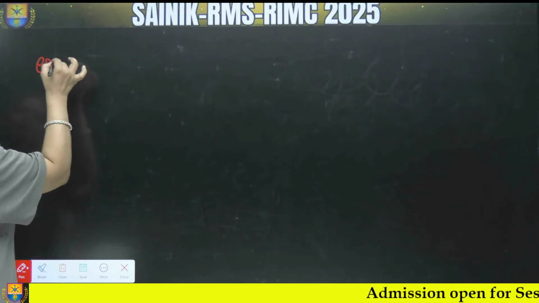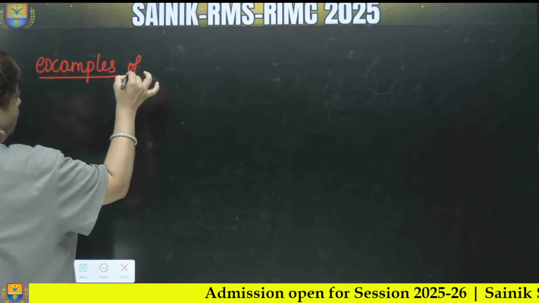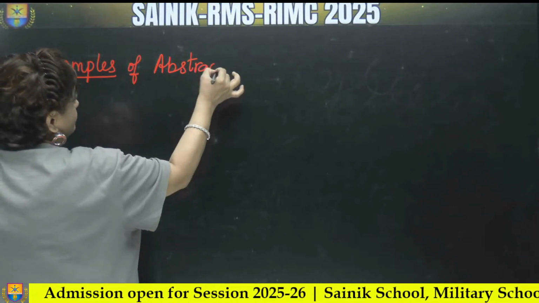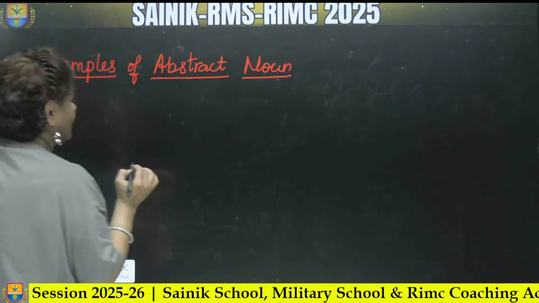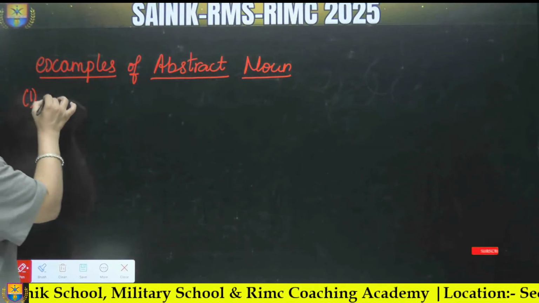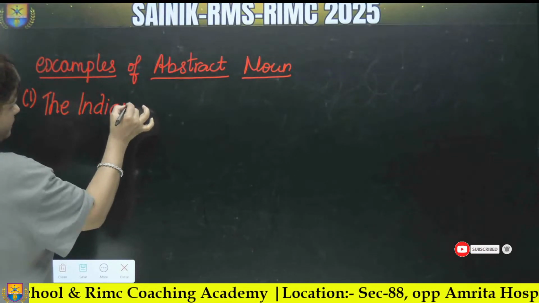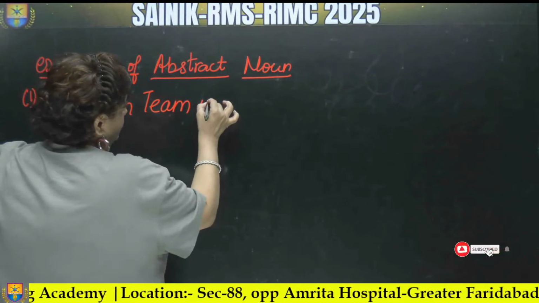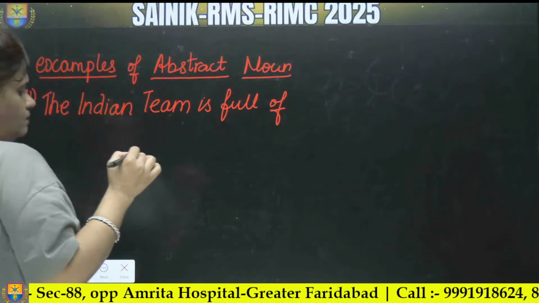Let's have the examples of abstract noun. Number 1, the Indian team is full of.